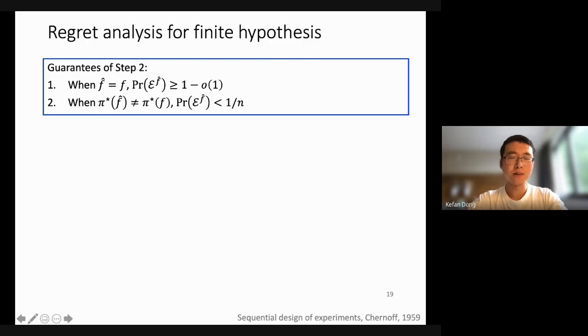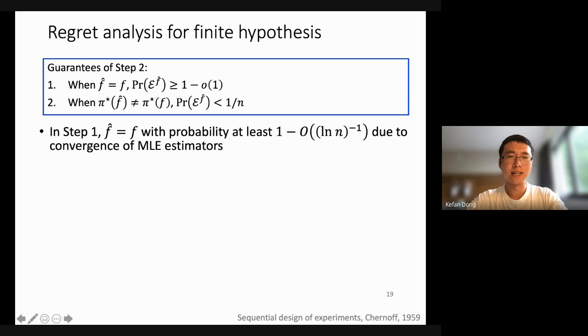Okay, finally, we can put everything together to get a regret upper bound for our algorithm. So in step 1, we can show that our estimation is accurate, in the sense that f hat exactly equals f with probability at least 1 minus 1 over log n. This guarantee is not surprising because we have a uniform convergence result for the MLE estimators.